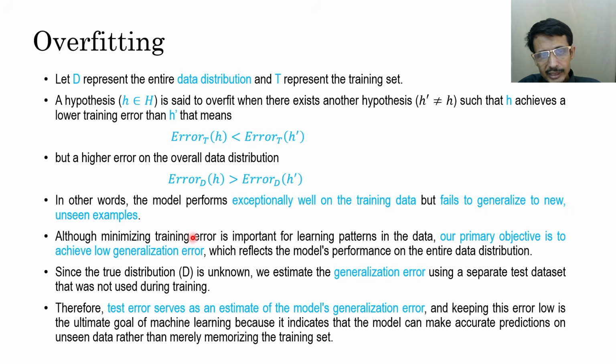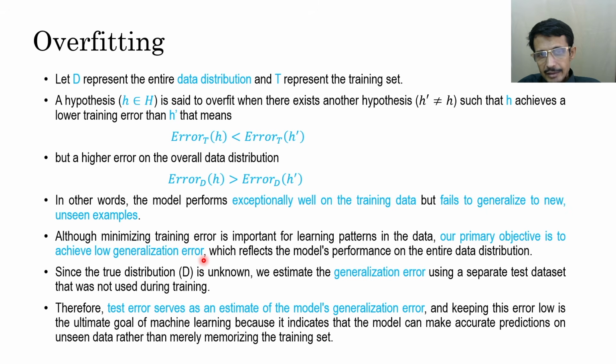Definitely, when we train a model, one objective is to minimize the training error, and that is important for learning patterns in the data. But our primary objective is to achieve a low generalization error.